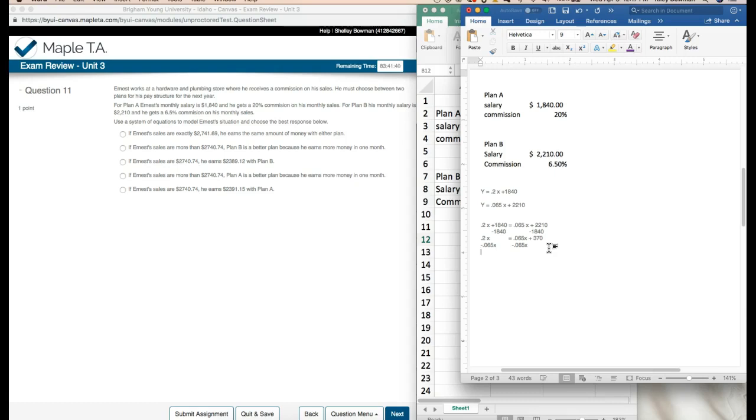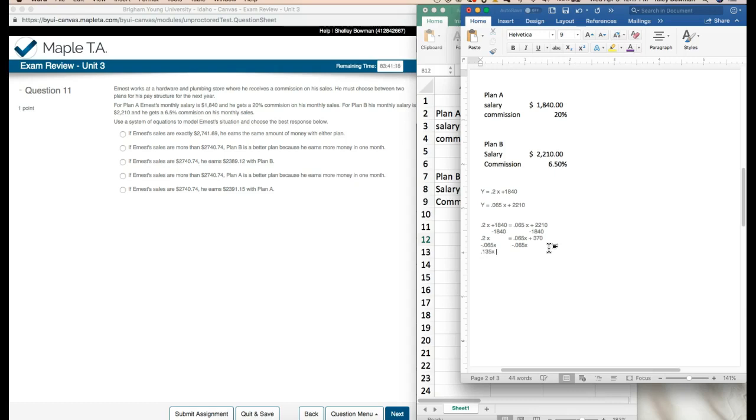So, on the left-hand side, 0.2 minus 0.065. I'm going to grab my calculator here so I don't have to change screens on you. I get 0.135.